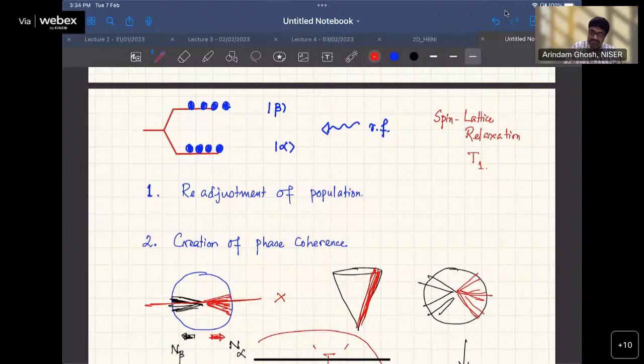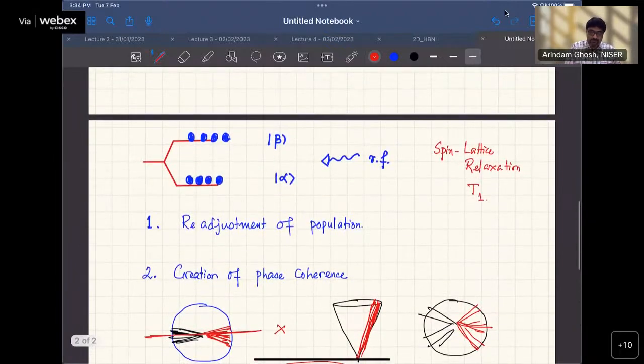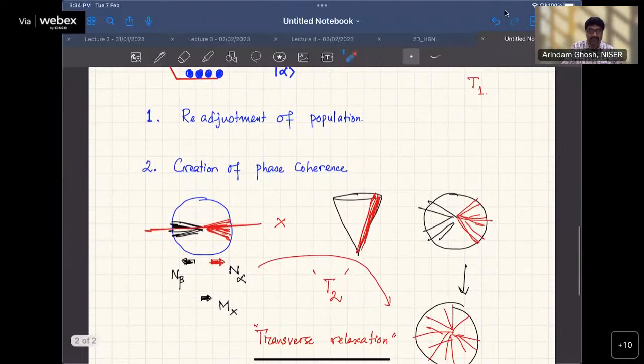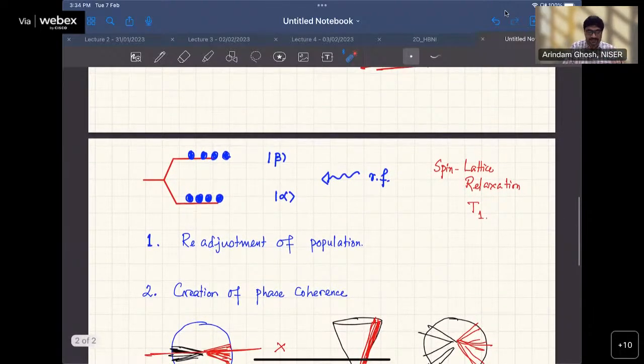This is T1. In general, for large molecules, T1 is much longer than T2. That means this process of adjustment is much slower than the decoherence. The process of coherence to decoherence will come in a few milliseconds. However, it will take several seconds to readjust this population difference. So these two are completely different things.